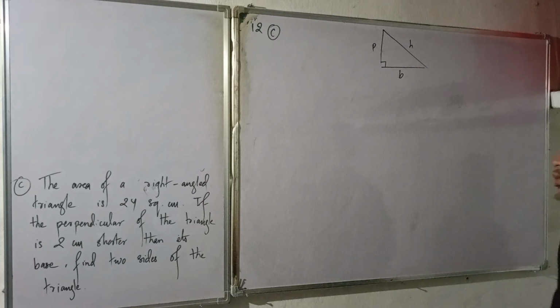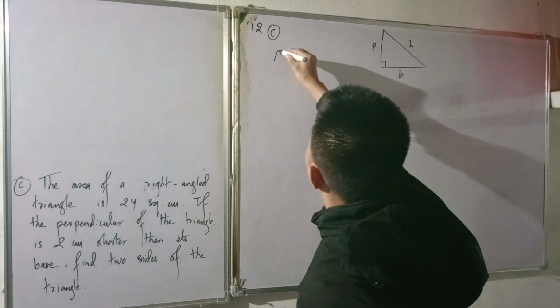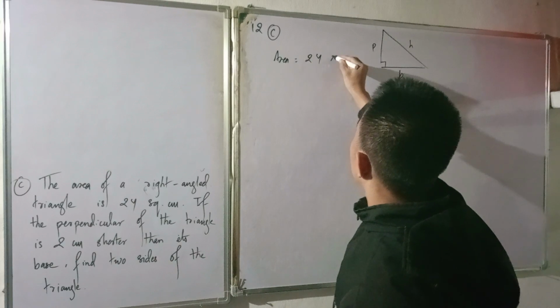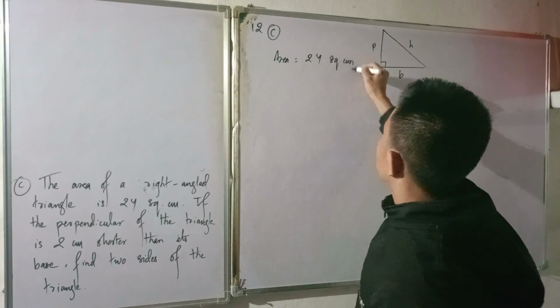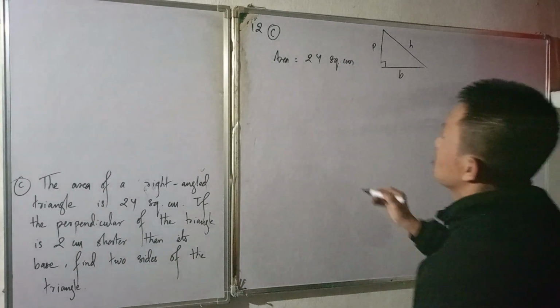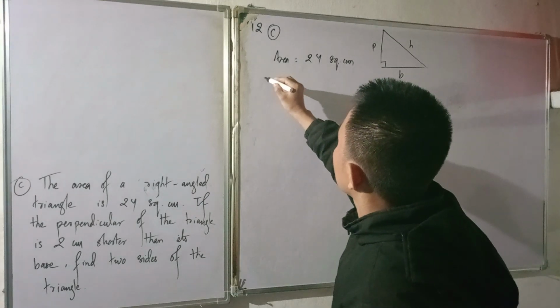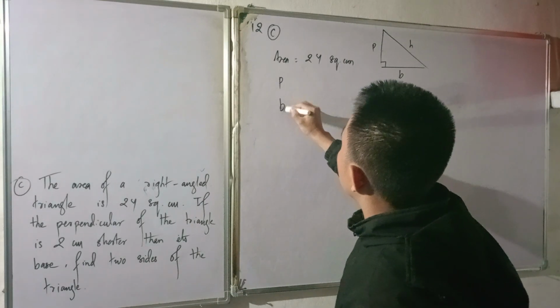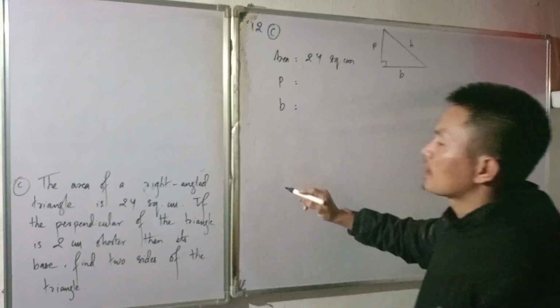Now you see the area of the right angle triangle is given: 24 square centimeters. And if the perpendicular of the triangle is 2 centimeters shorter than its base, which means we have base and perpendicular.